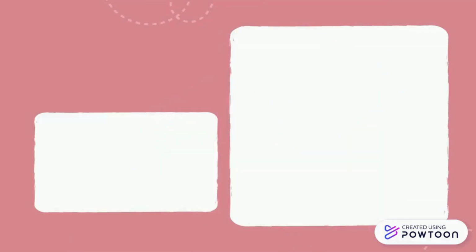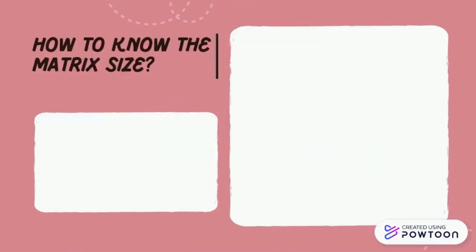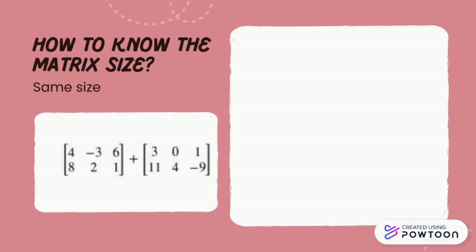Now we look at the next slide, where the first step is to see if the size of the matrix used is the same as the example matrix given. First, we need to name the size of the matrix. The way we see the size of the matrix is by counting how many rows there are before doing any operation.